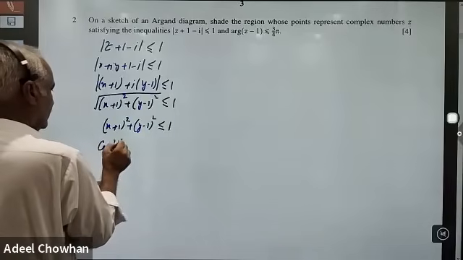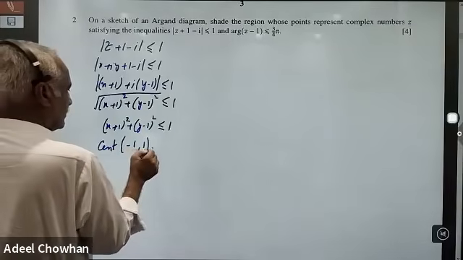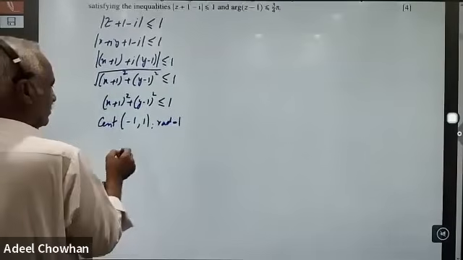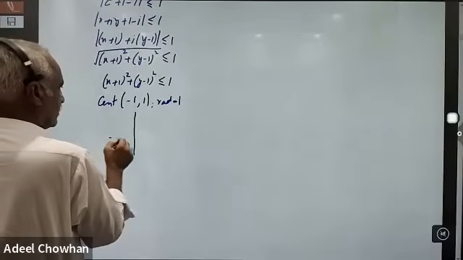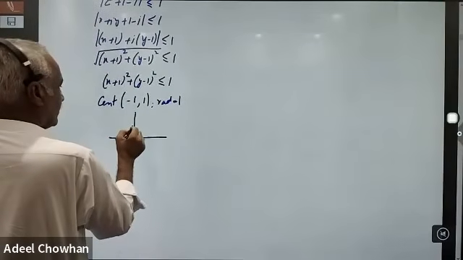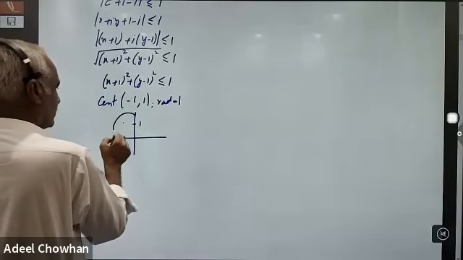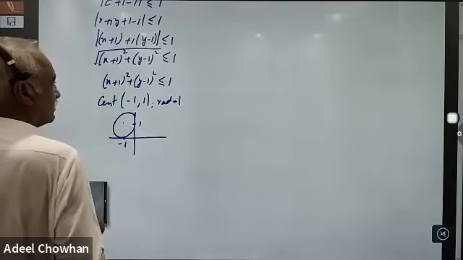So the center of this circle is minus 1 and 1, and the radius is equal to 1. So it is representing a circle there.